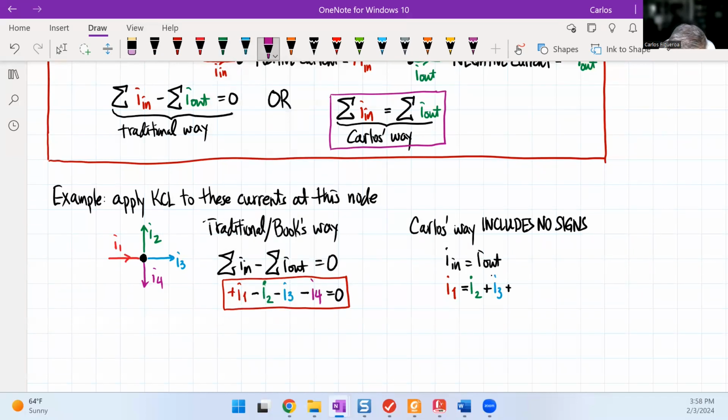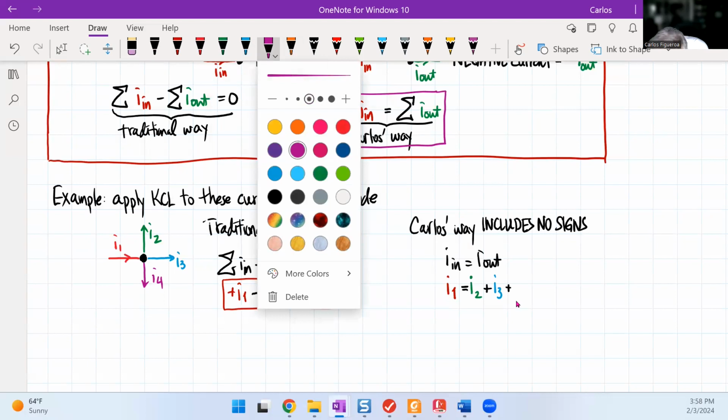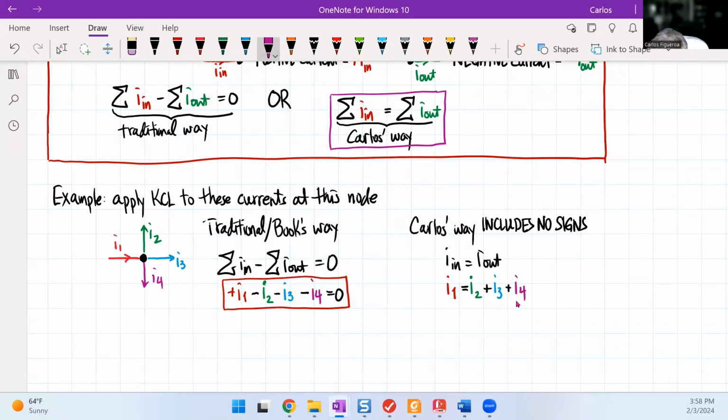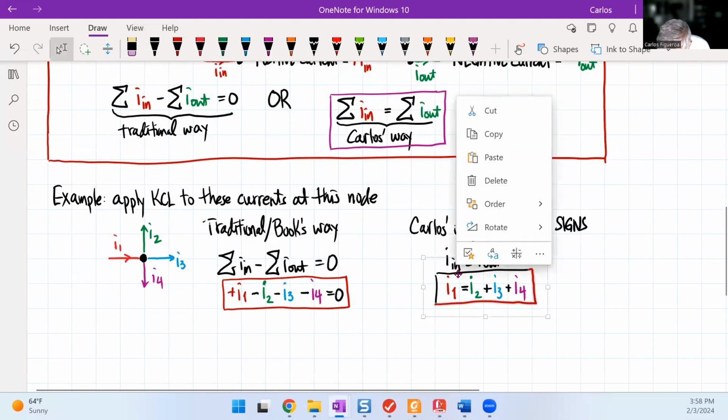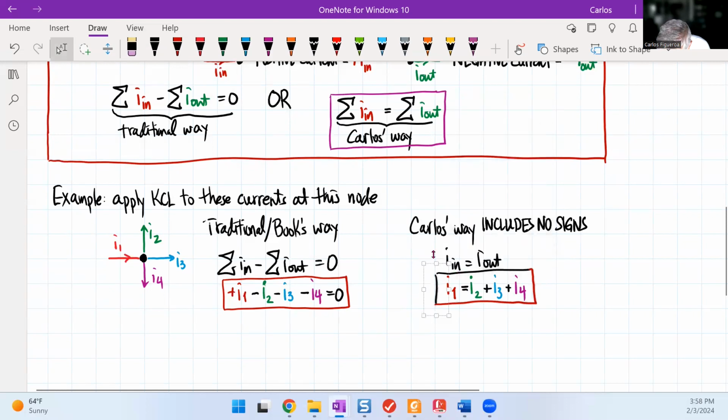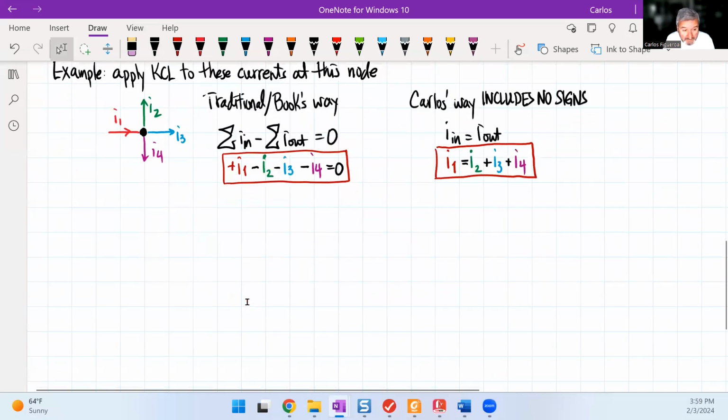And this is going to be the current 4. And you could see that mathematically, this is giving me the exact same answer as what we did before. The only difference here is that we didn't fuss about the sign. So, as I said before, signs are the killers in circuits. Okay, that's Kirchhoff's current law.